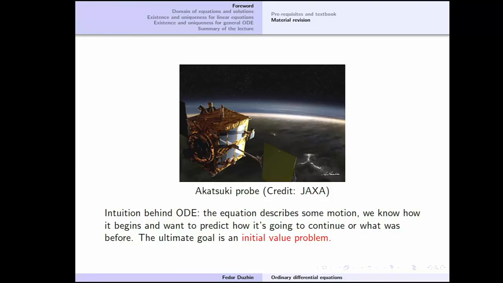But then, in order for it to enter the Venus orbit, they had to apply the backup engine very, very carefully. So there was a very limited amount of fuel to perform the required maneuver to enter the Venus orbit.